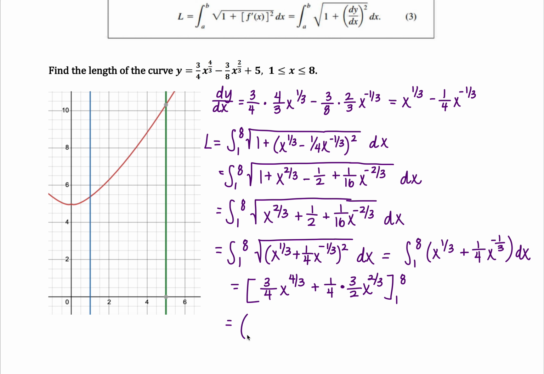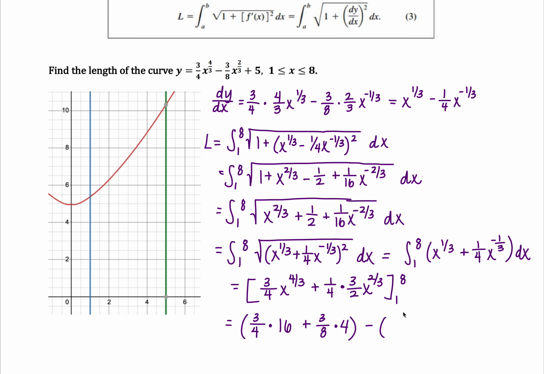So when we evaluate it, I've got 3/4 times 8 to the 4/3 power. The cubed root of 8 is 2. 2 to the 4th is 16. So we have 3/4 times 16. Like I said before, this is going to be 3/8. 8 to the 2/3. Again, cubed root of 8 is 2. 2 squared is 4.